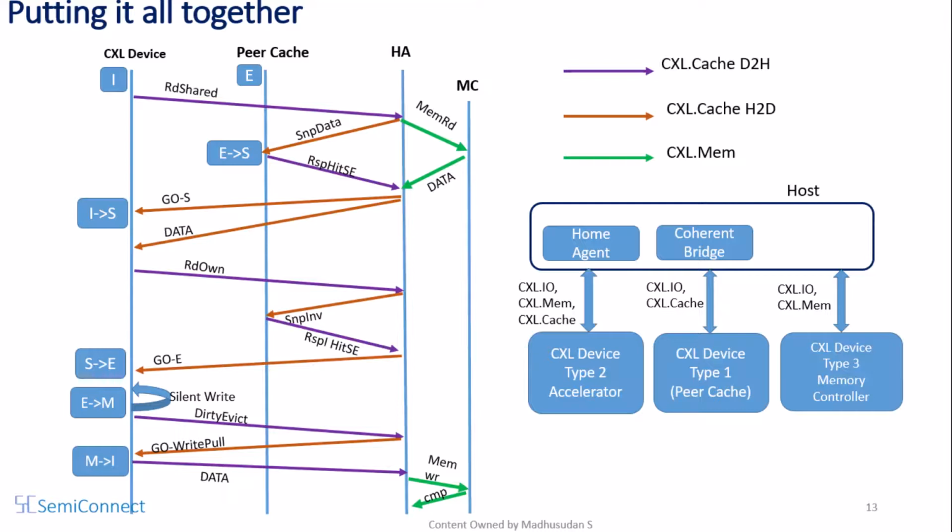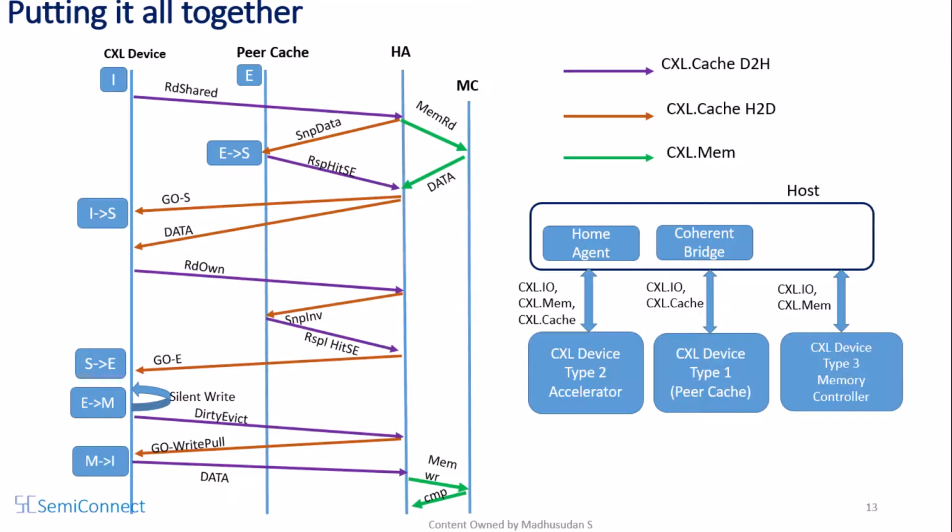So now let's say these bars that are shown are for the CXL. I want you to now focus on the figure towards your left hand side: the CXL device, and then there is a peer cache. The peer cache is nothing but the CXL device of type 1, and then there is a home agent, which is the HA, and there is a memory controller.